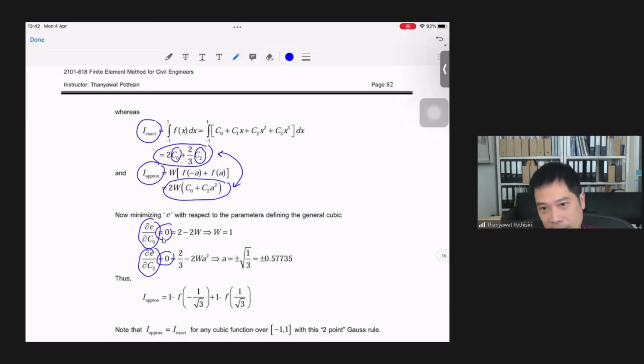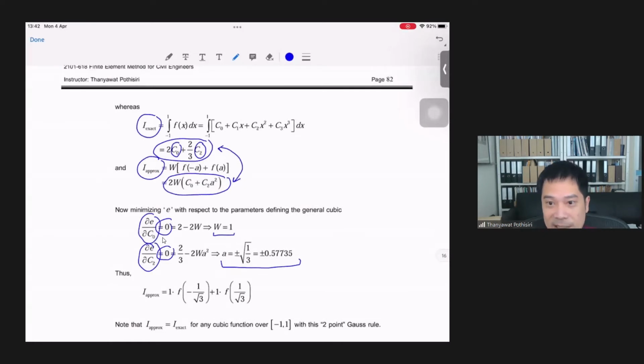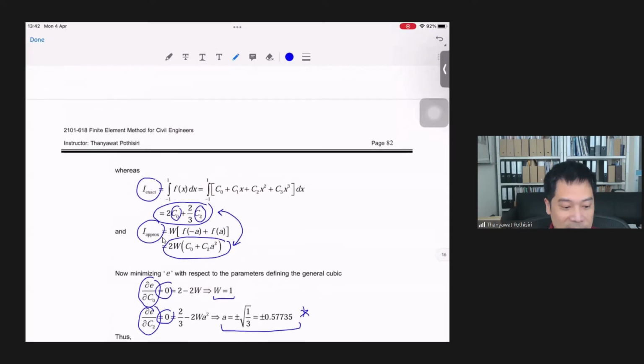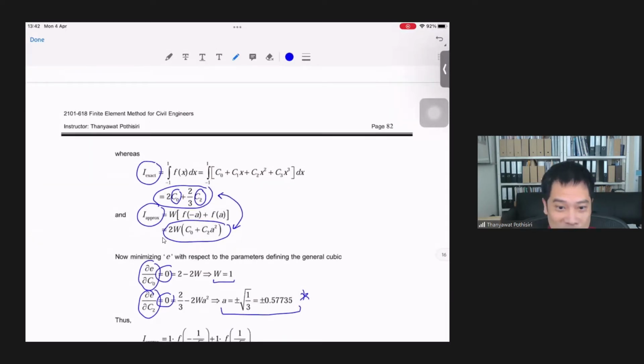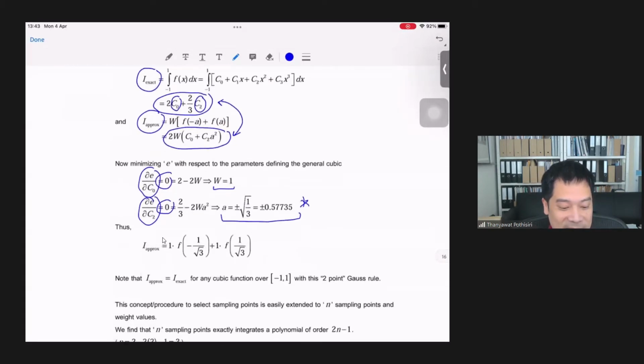So by solving this equation, then you would get W equals 1 and a equals plus and minus 1 over square root of 3, okay? So in this case, you can see that if you use the sampling points at this particular location right here, your approximate integral would be equal to the exact integral, okay?